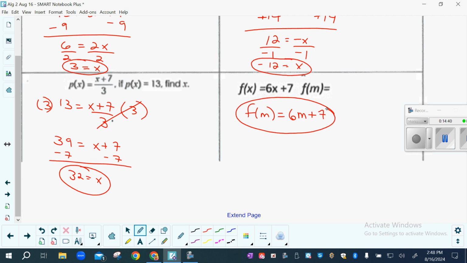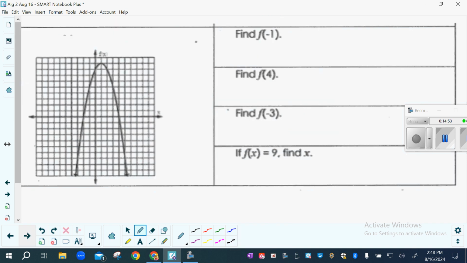So the last one is more visual. We've got a graph now that we're going to use to evaluate. This graph is our function f of x.